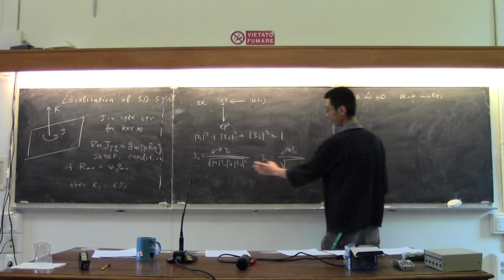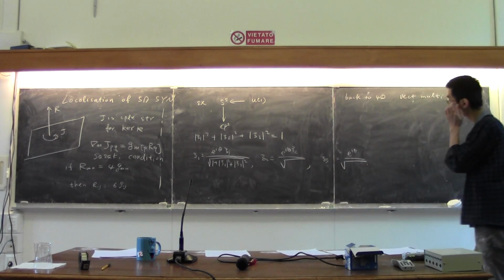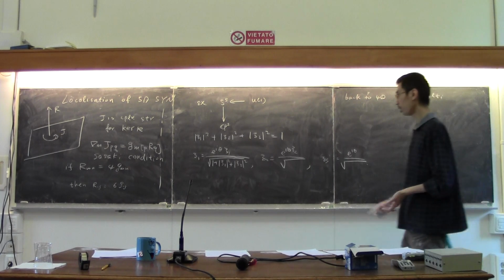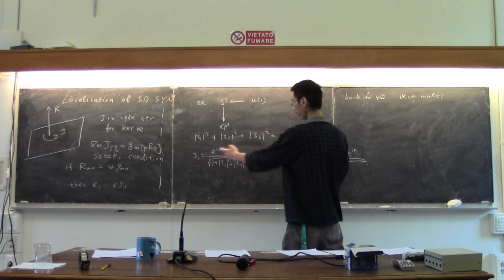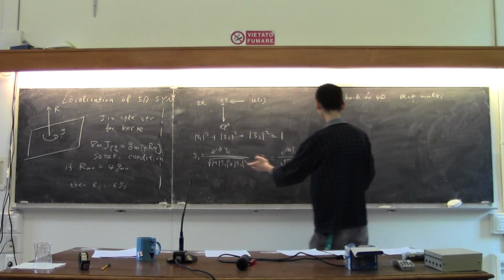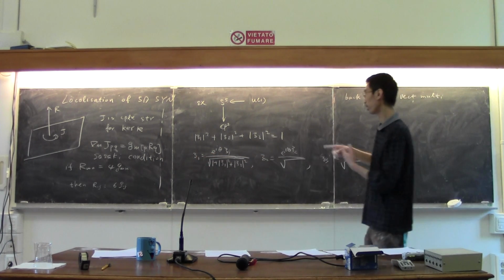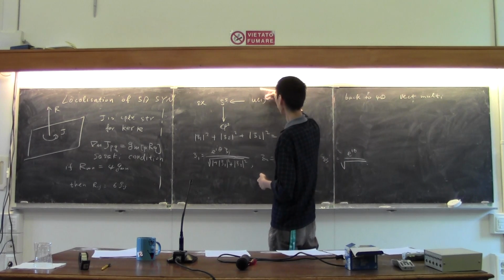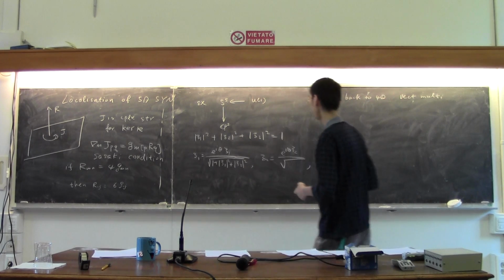Now you can see one feature is that if you vary theta, it varies the simultaneous phase of zeta 1, 2, and 3. So theta is exactly the coordinate along this fiber.